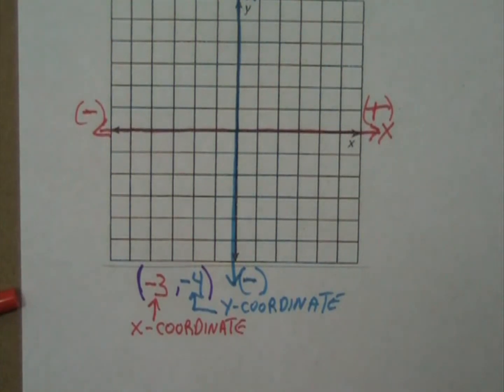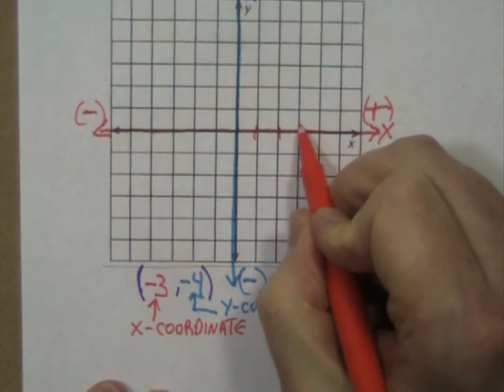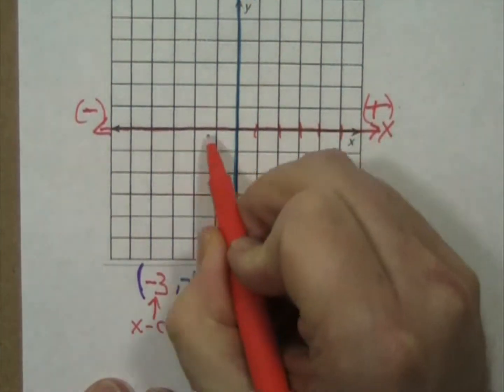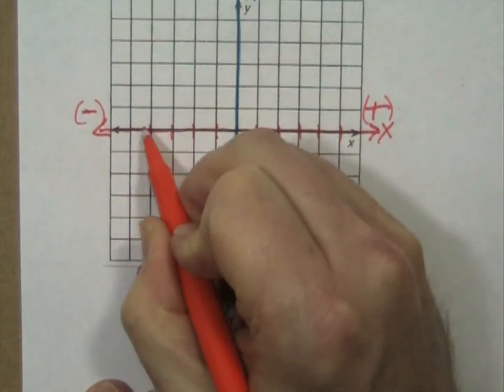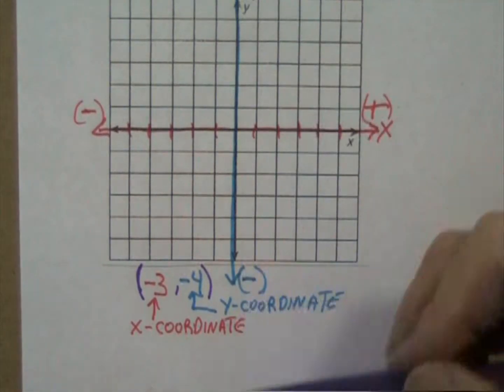Okay, so now, if you remember correctly, going this direction, these are all positive, right? And going this direction, they're all negative. Okay, and then same thing, positive, negative.